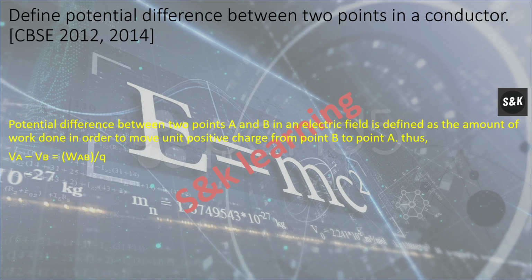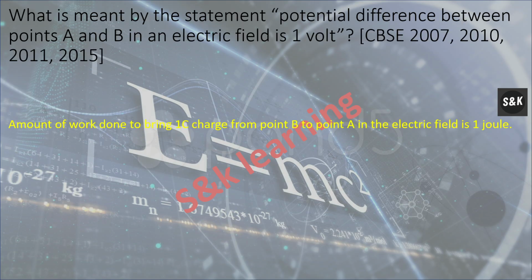Define potential difference. Potential difference between two points A and B in an electric field is defined as the amount of work done in order to move a unit charge from point B to point A. Thus, VA minus VB equals W upon Q. What is meant by the statement potential difference between point A and point B in a field is 1 volt?